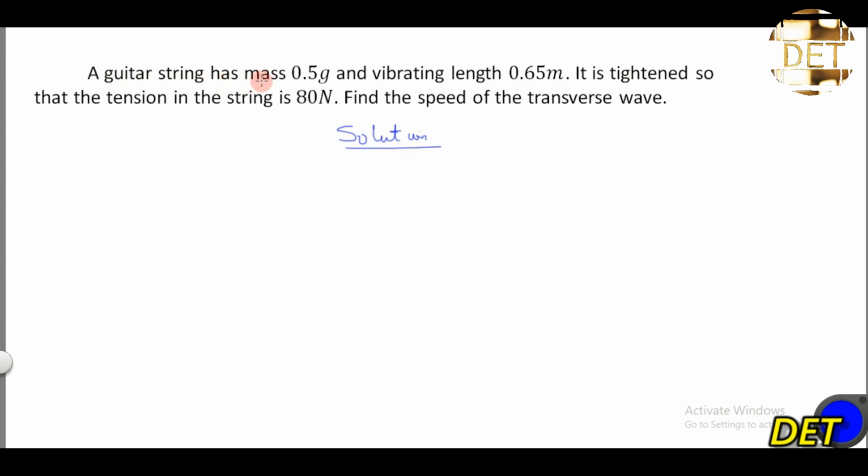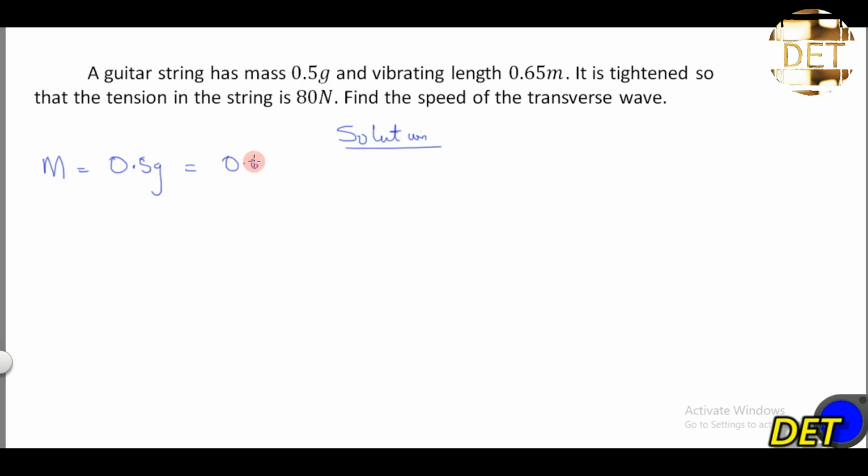A guitar string has a mass of 0.5 gram. So the mass of the string is 0.5 gram, and I will have to convert that to kg, because this is not the unit for mass. To convert to kg, I will have to divide by 1000.